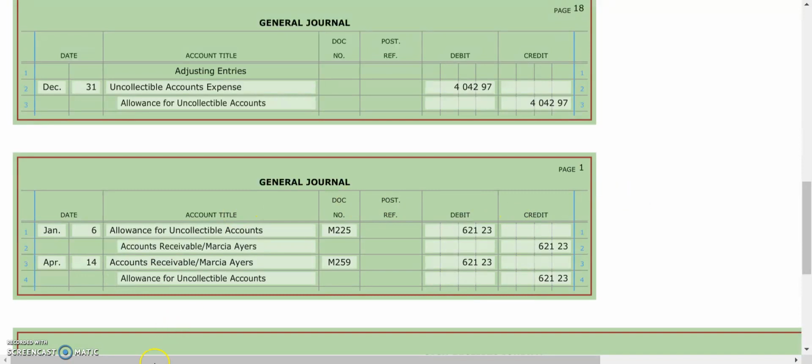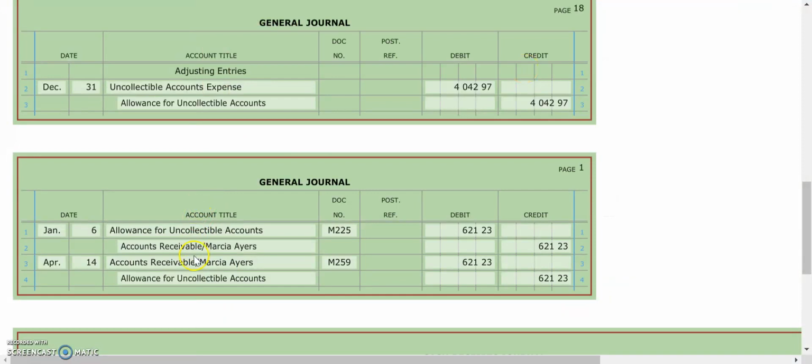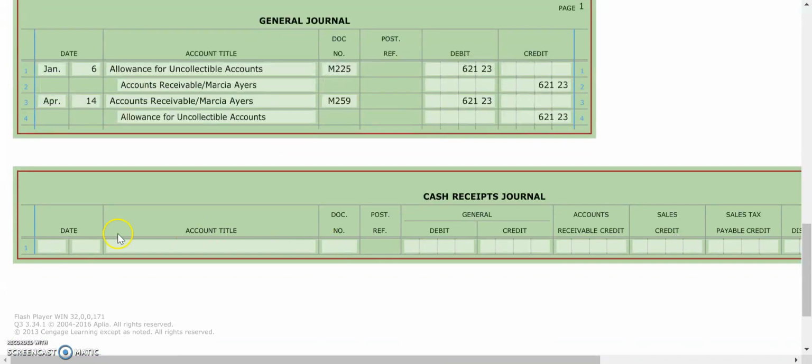And then the last thing that we have to do for this one is record the actual receipt of cash, which is going to go in our cash receipts journal. So now that Marcia has a balance in her account, you can see accounts receivable has been debited. Now we can go and credit it out with our cash receipts journal. So we put the same date because it happens on the same date. All we need to put here is Marcia's name, and then it's receipt number 630.